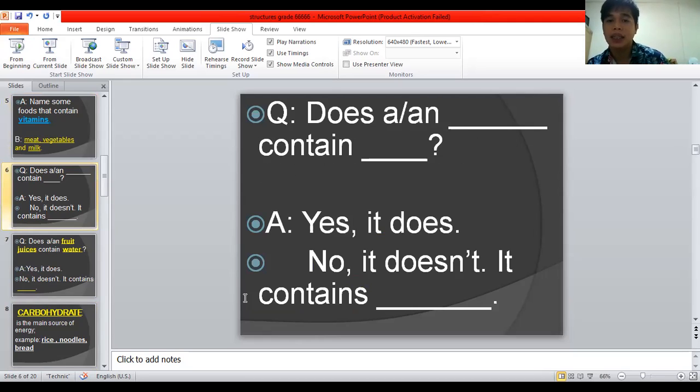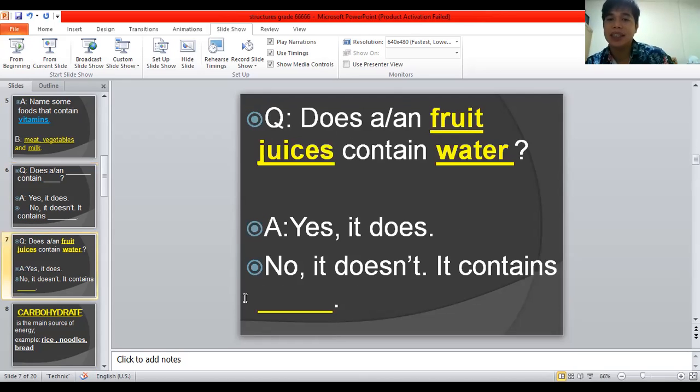I will say, does a/an blank contain blank? And you are going to answer, yes, it does. No, it doesn't. It contains blank. Let's have an example.